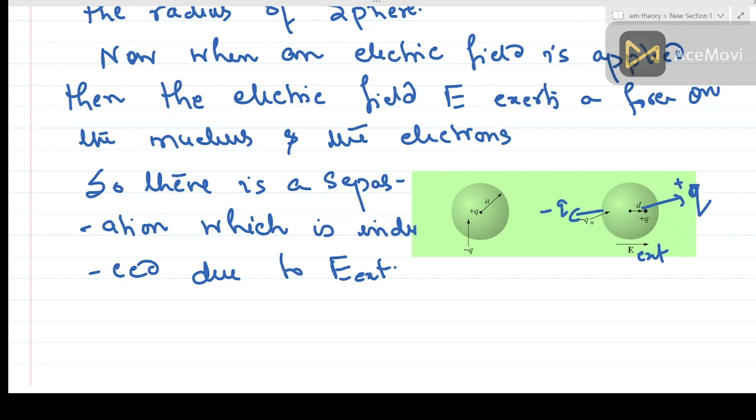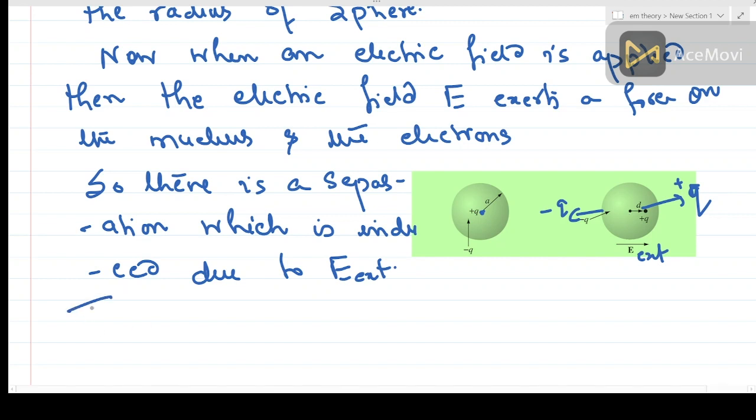The nucleus and the electron cloud, they have moved slightly in directions opposite to each other. So what is happening now? Initially the nucleus was here at the center, and it was a spherical system, spherically symmetric system. Now the nucleus has displaced, maybe by a very small amount, by some distance d from the initial center.